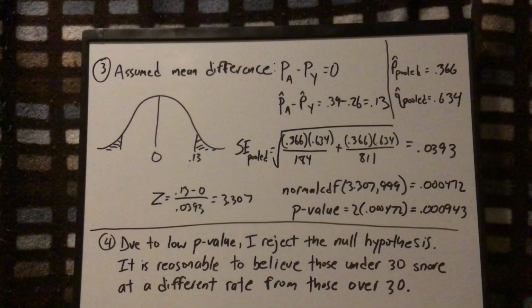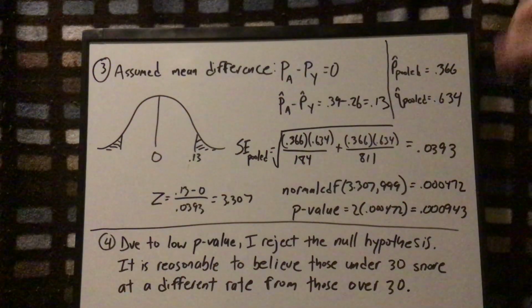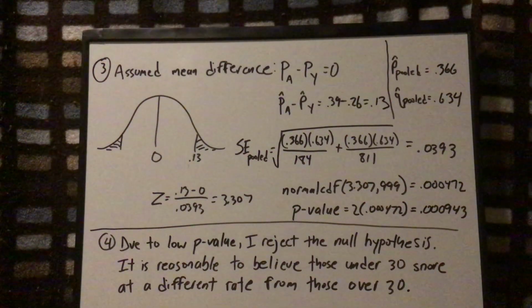So I did use 184 for the number of young people, 811 for the number of old people, but I used the pooled numbers for the p hat 1, q hat 1, p hat 2, q hat 2. So instead of plugging in the different numbers, I just plugged the pooled number in everywhere according to that formula. When I did that, I threw that all in the calculator, and my standard error is 0.0393. So it's important to use the pooled number, or else you don't get the right number over there.